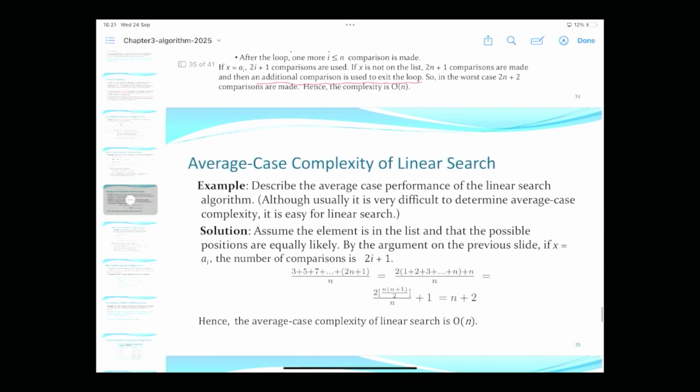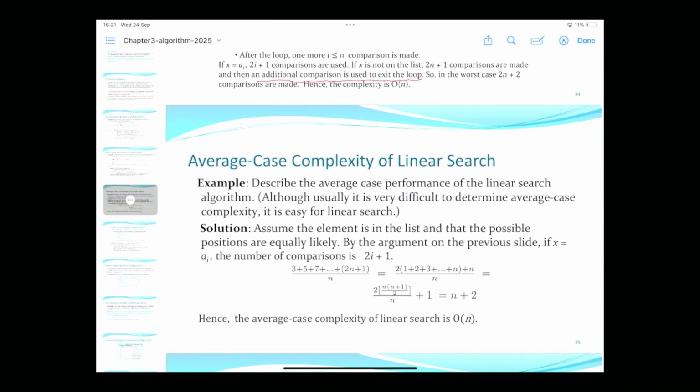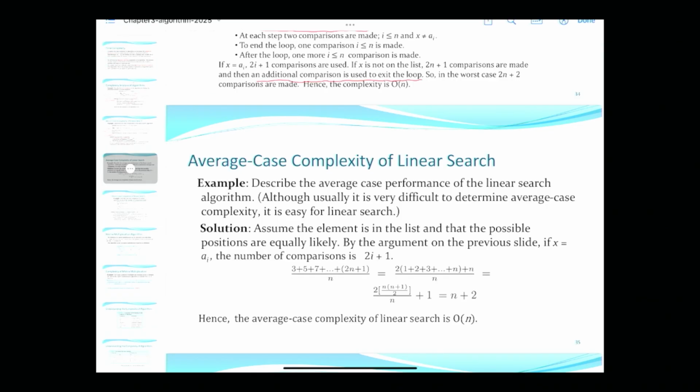What about the average case? That means we may find x somewhere in the list, at location i. So at loop i, we find x in the list. What can i be? i can be 1, 2, 3, or 4, up to n.